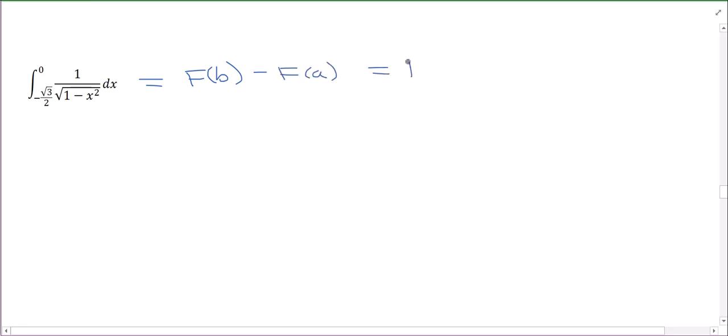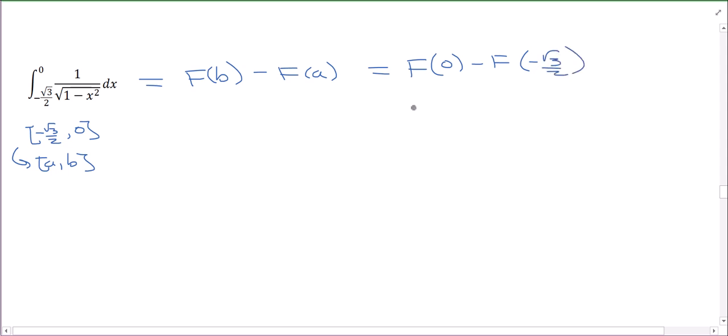When you see the limits, your a is the one on the bottom, and this is your interval a to b. So then it is F of 0 minus F of negative root 3 over 2, where capital F, from the fundamental theorem of calculus, is the antiderivative.